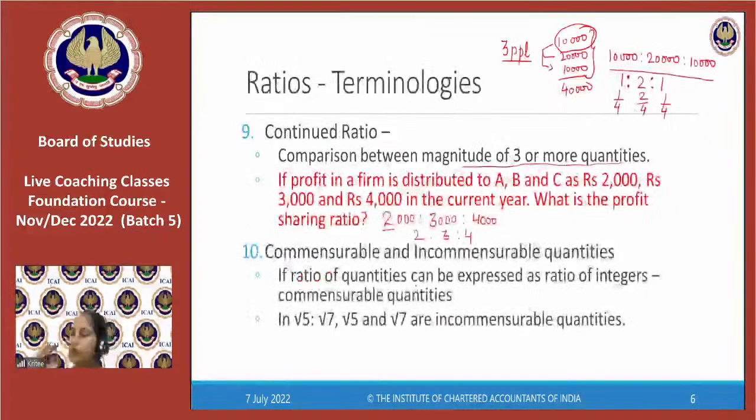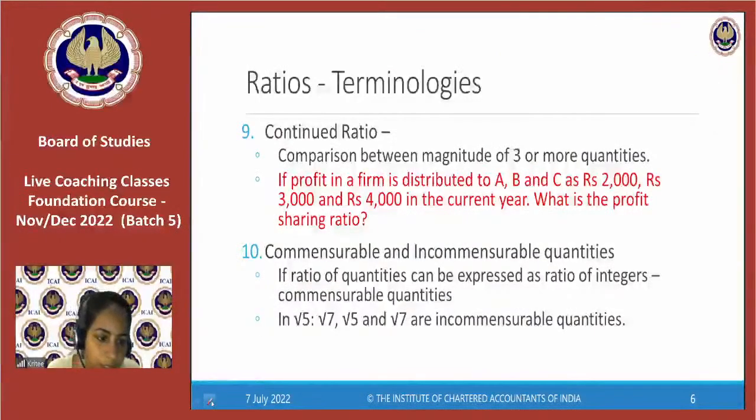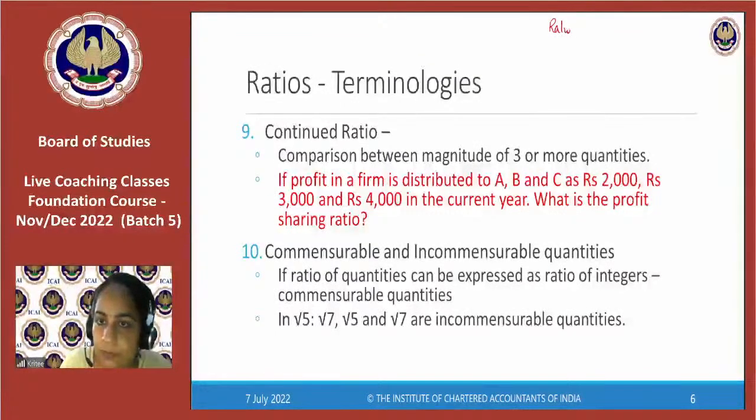Okay, before we go towards the notes, very quickly, if you can help me out in revising all the things we studied in terms of terminologies. Yes. So we did inverse of the ratio. We understood ratio. Very quick revision. A is to B, wherein A and B are the terms.